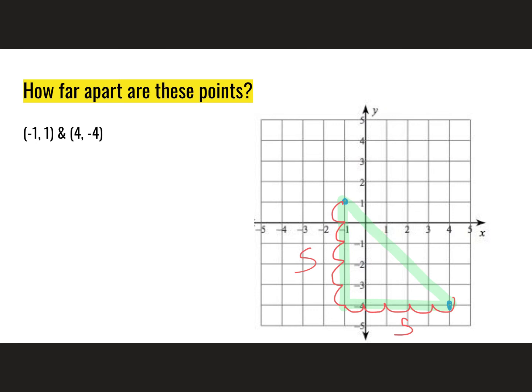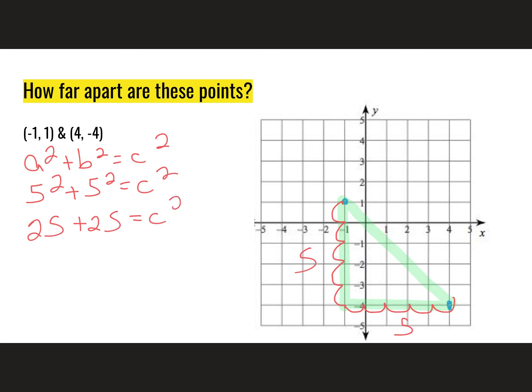So I have a squared plus b squared equals c squared. 5 squared plus 5 squared equals c squared. 25 plus 25 equals c squared. 50 equals c squared. So I know the square root of 50 is my exact answer. And if I put that in my calculator, I get approximately 7.07 is approximately equal to c.